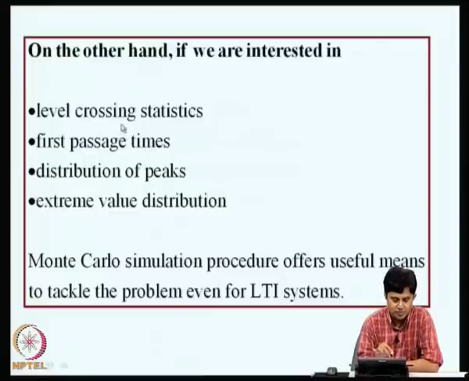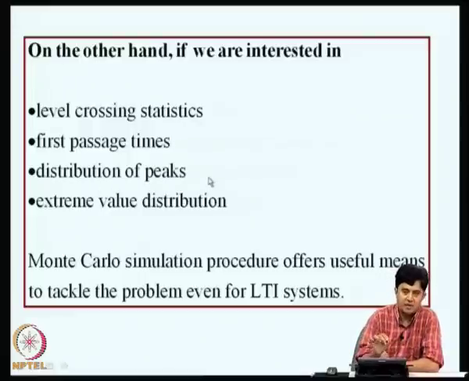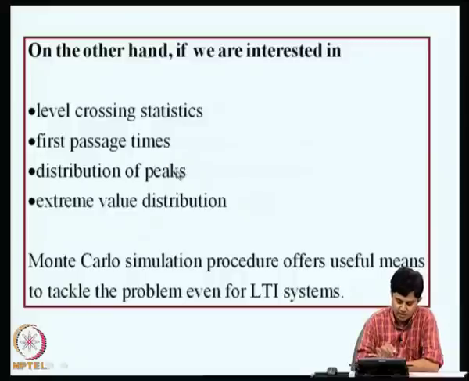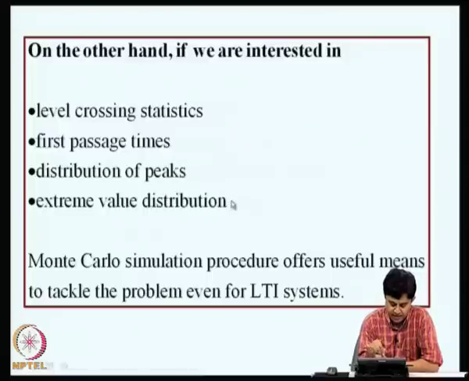For example, we assume that if levels are high, we can model the number of times a level is crossed using Poisson models, and first passage times become exponential, and peaks are Rayleigh distributed for narrowband processes, and so on and so forth. Similarly, for extreme value distribution, we arrived at a Gumbel model for the extreme value of the response.